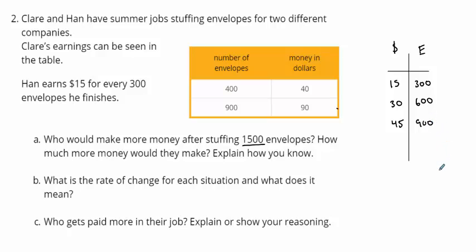So I'm just going to go by 300 here. 1,200 envelopes would be $60. And here we are, 1,500 envelopes would be $75. So here Han makes $75 for 1,500 envelopes. Now let's see if we can do the same thing with Claire.